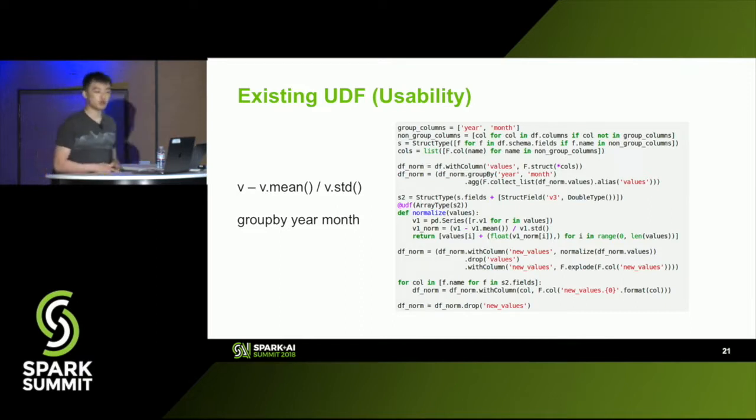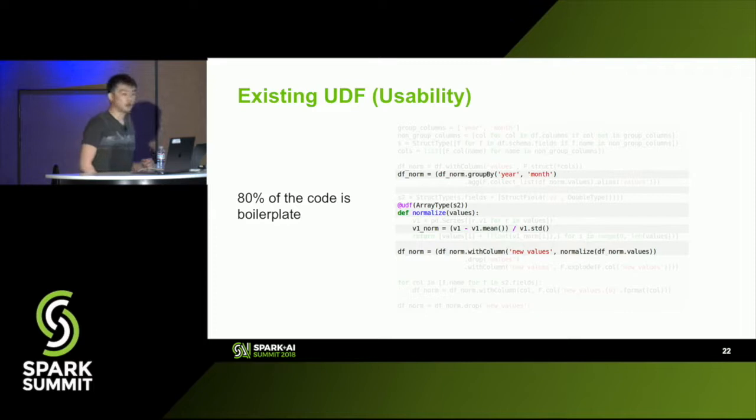You don't need to read the code, but the idea here is I'm just doing a simple data normalization group by year and month. The normalization is V minus the mean of V divided by its standard deviation. So it's a pretty simple transformation. However, in order to do this group by transform operation in PySpark UDF, you have to write a lot of boilerplate code just because it does not support the group by semantics out of the box.